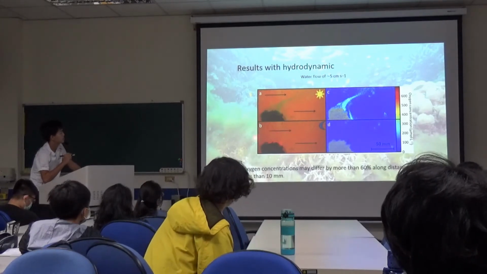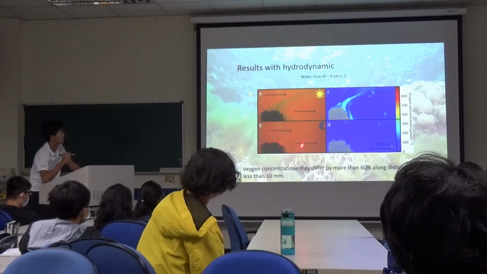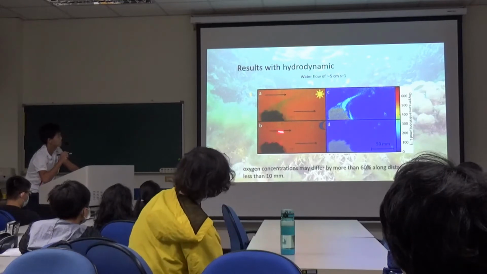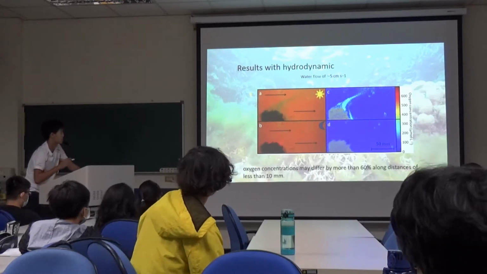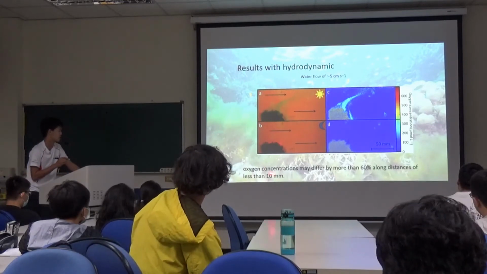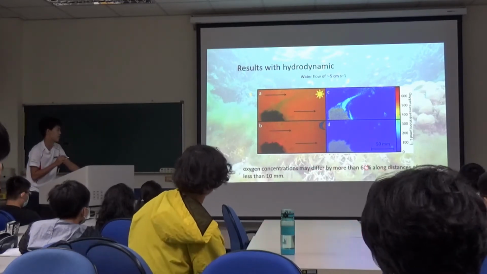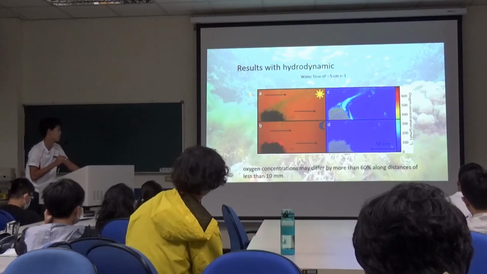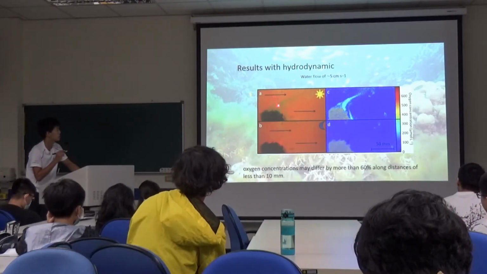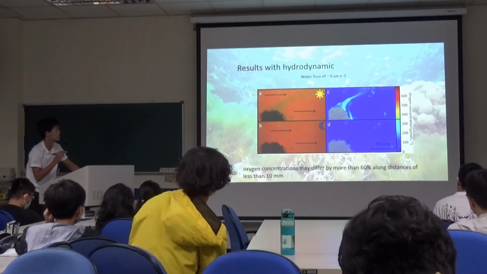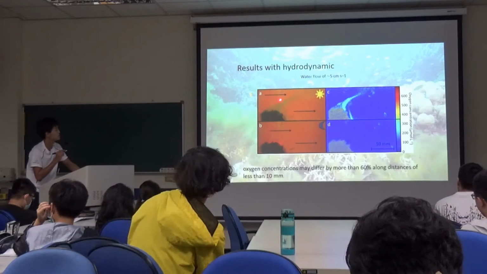And at nighttime, you can see the oxygen reduced as in the previous steady water. The oxygen concentration may differ by more than 60% along a distance of less than 10 millimeters. It means from here to here, it can differ by more than 60%.